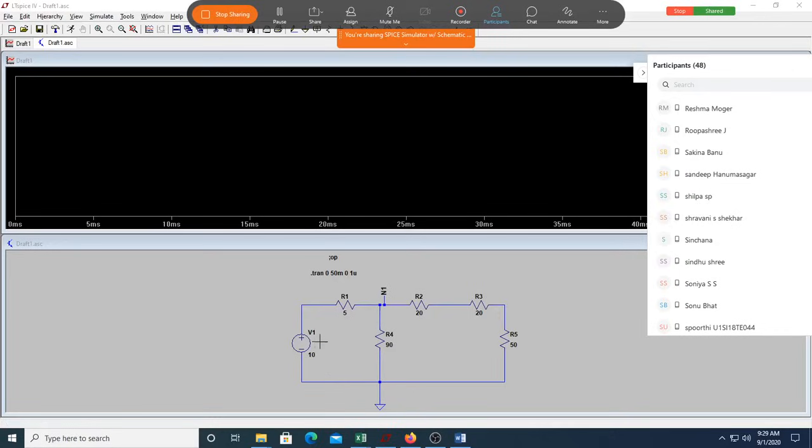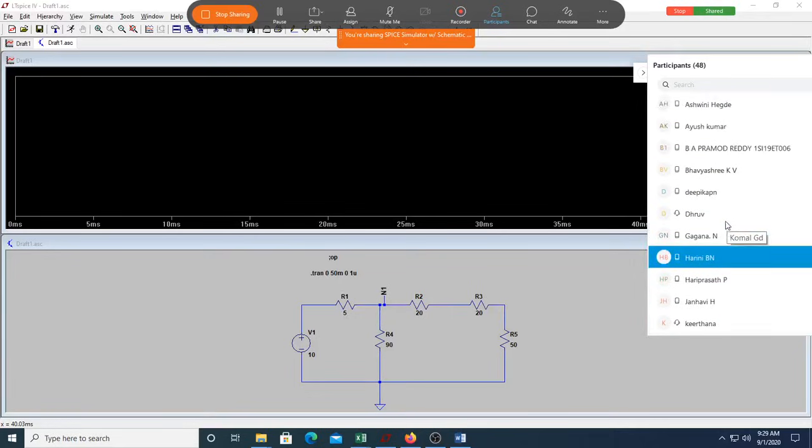So whenever you measure a voltage at any node with respect to ground, it is called single-ended voltage. Because a node is a single point, you cannot say across. Any nodal voltage with respect to ground is a single-ended voltage. Perfect? Yes, sir.